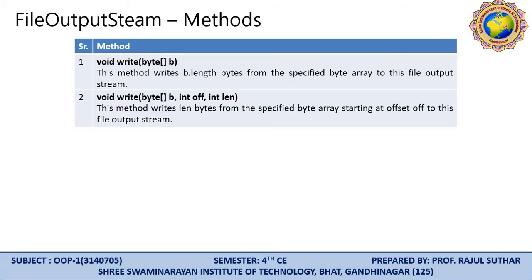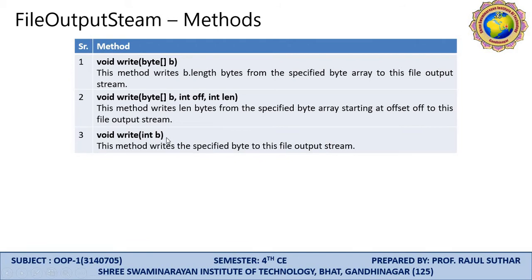And void write, with the arguments byte array b, int off, int len. This method writes len bytes from the specified byte array starting at offset off to this FileOutputStream. Off means offset, and int len is nothing but the length, a particular length of the file.